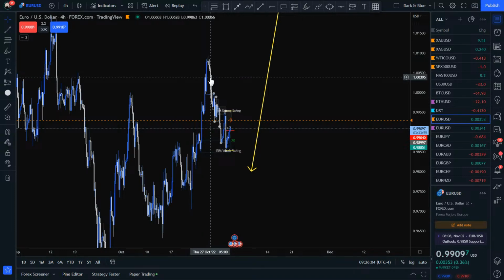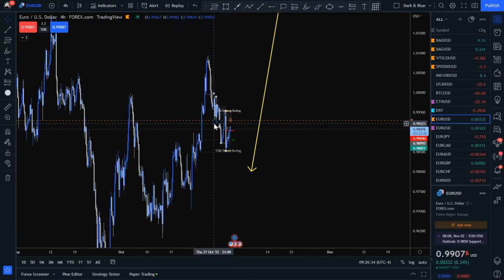Then we had a change of character to the downside. So sells are permitted, but they are counter trend. Buys are permitted because of the bullish internal structure. You could be and should be looking for buys. Those are higher probabilities because you have the trend in your favor.